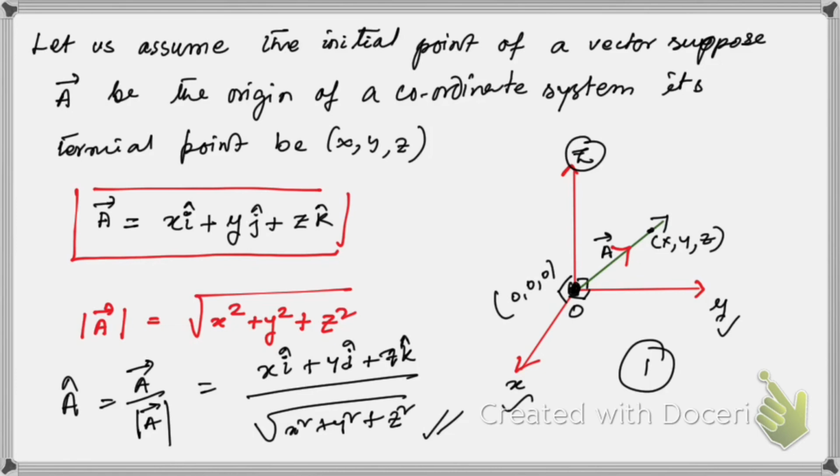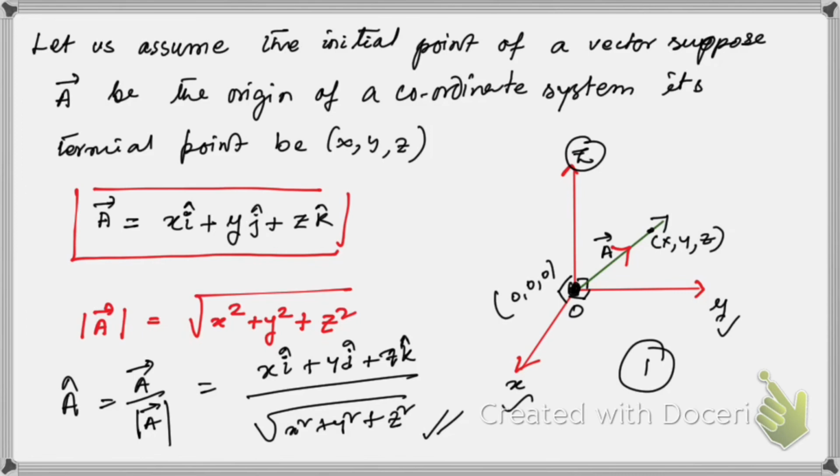We are going to discuss those things in the next video. This was just an introductory video on what a vector is, how to add vectors, the triangular law and the parallelogram law. We discussed those very basic things, and how to calculate unit vectors.